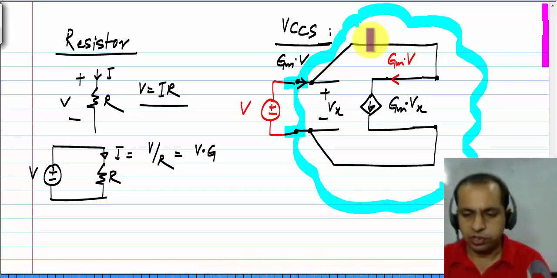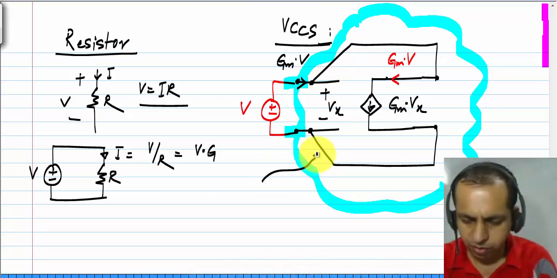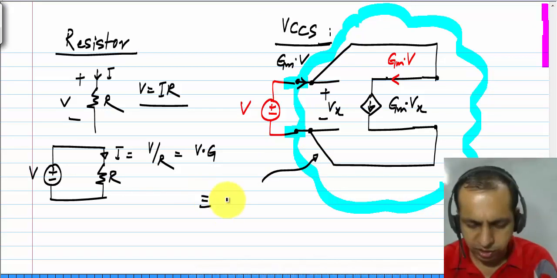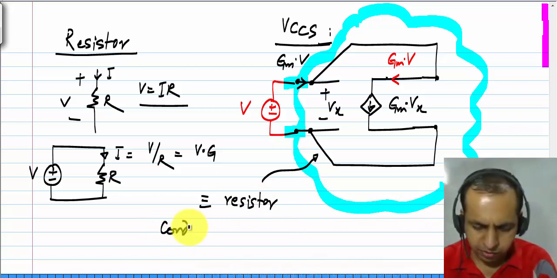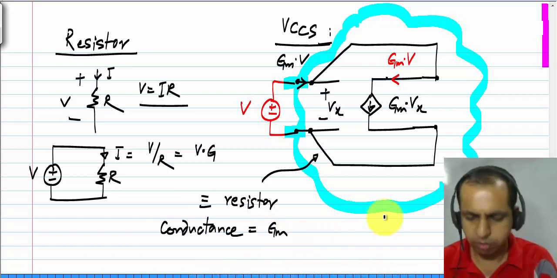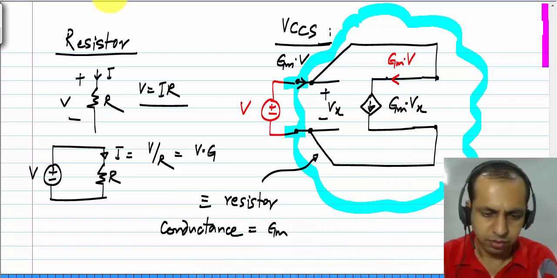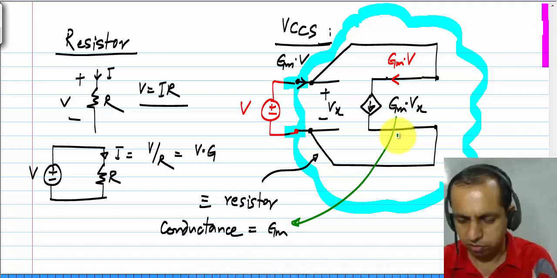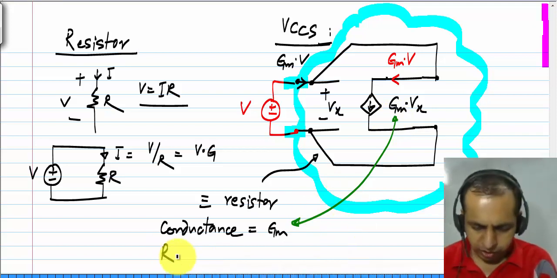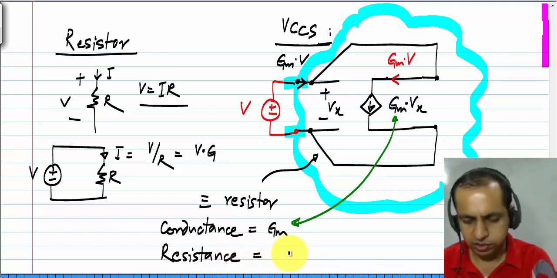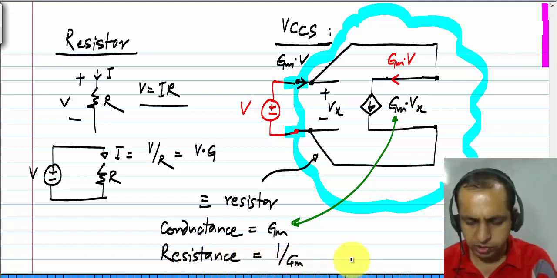Okay. So this entire circuit inside here is equivalent to a resistor and its conductance is given by Gm, which is the proportionality constant of the voltage controlled current source, or equivalently its resistance is given by 1 by Gm.